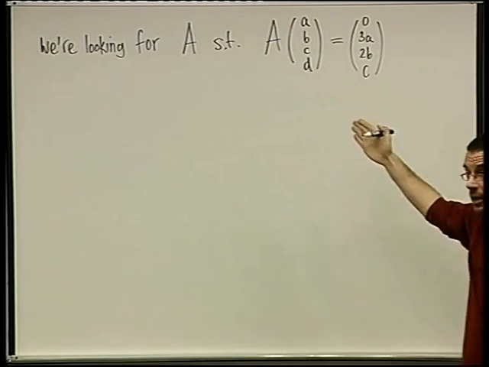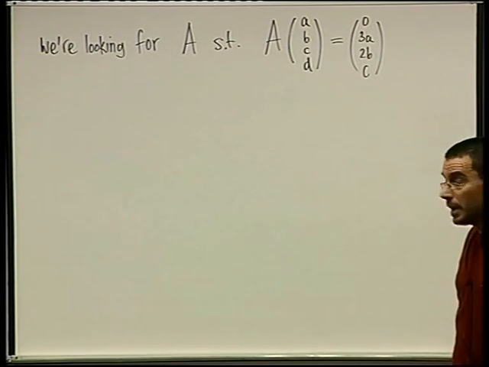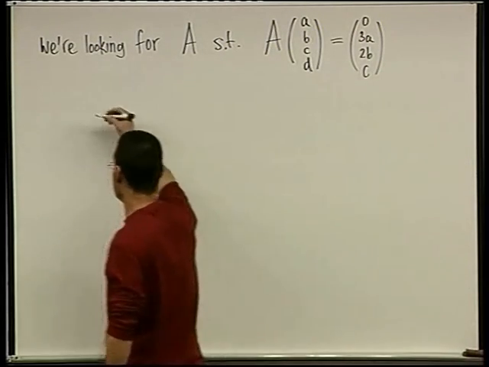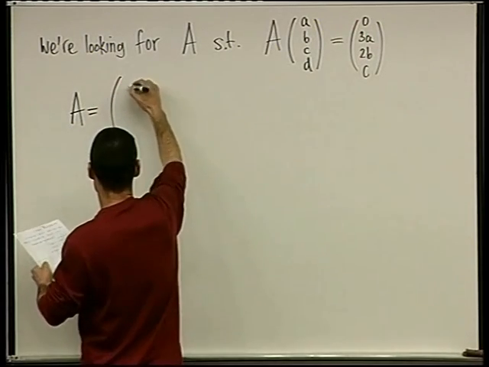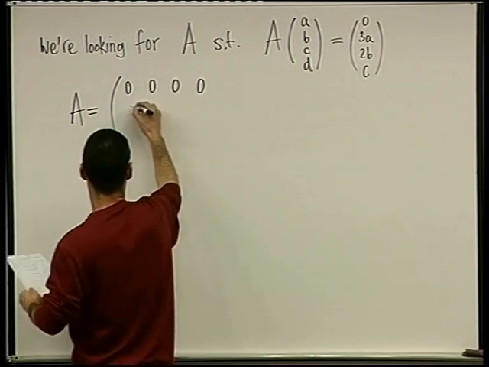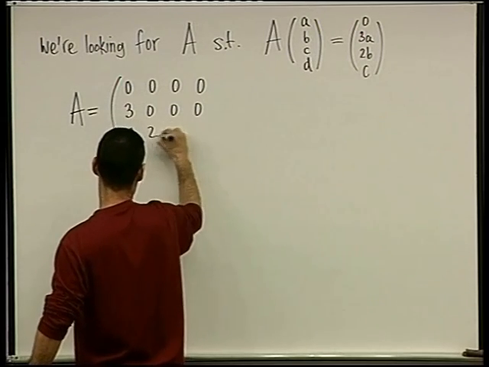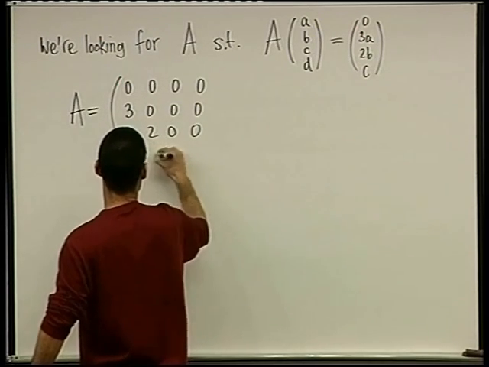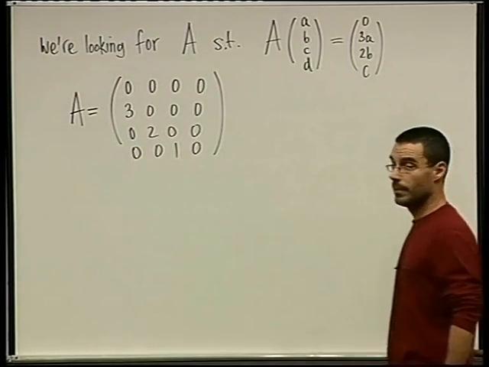This is the matrix that represents that transformation. Good? And I can tell you what A is. A is the matrix with rows 0, 0, 0, 0; 3, 0, 0, 0; 0, 2, 0, 0; and 0, 0, 1, 0. That's the matrix A.